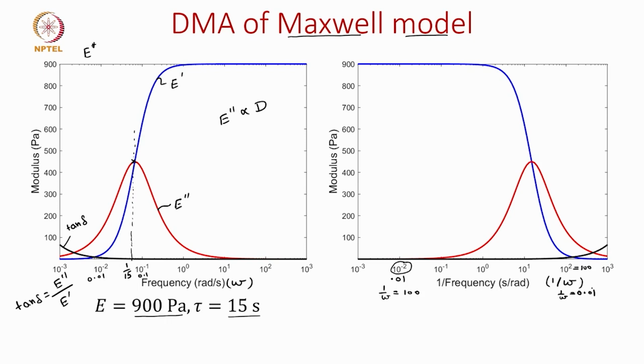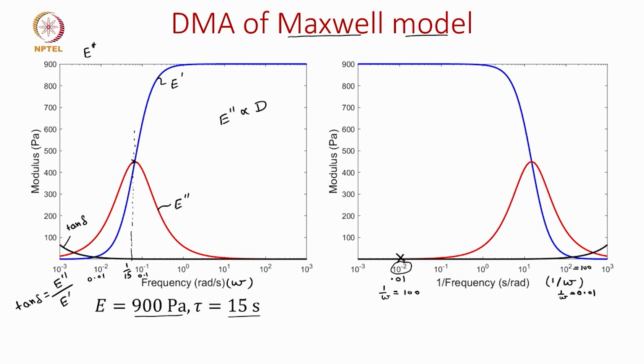So, at this point where 1 by omega is 10 power minus 2, the time scale is high, meaning it is a relatively faster test. But when 1 by omega is 100, it is a low frequency test. It is just a flip. Compared to the left and right, the x axis is flipped.